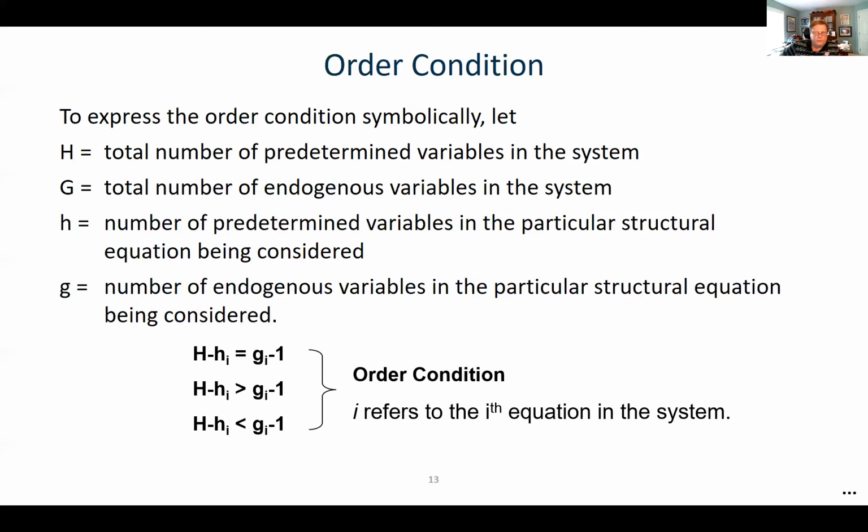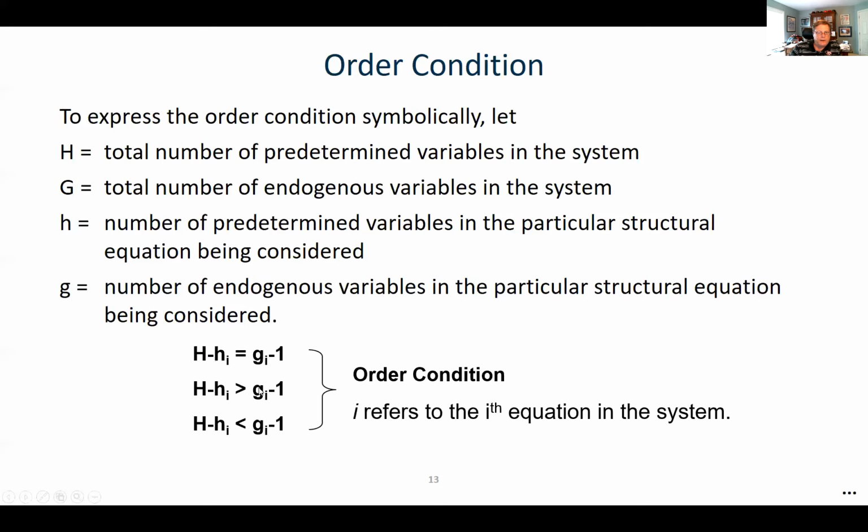So for order conditions to be satisfied for each equation i, capital H minus little h sub i represents the number of predetermined variables excluded from the equation under consideration.